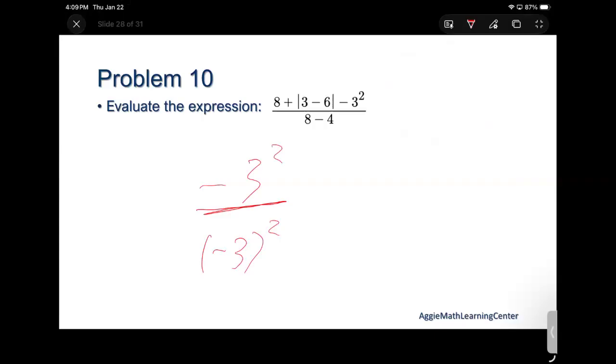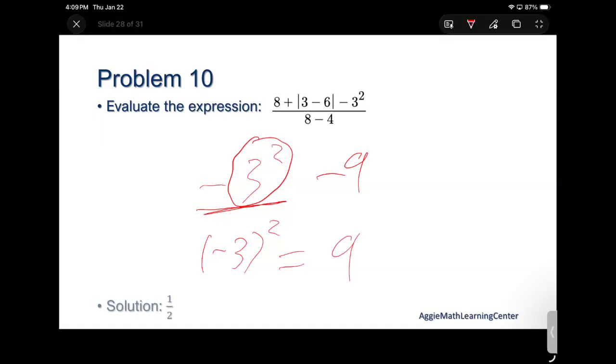And if we remember our order of operations, exponent comes before subtraction, right? So we evaluate the exponent first. We get 3 squared, which is 9, and then we tack on the negative. But here we have parentheses, and parentheses override everything. So now we're looking at negative 3 squared, and negative 3 times negative 3 is 9. Do you see the difference there? Does that make sense? Yeah.